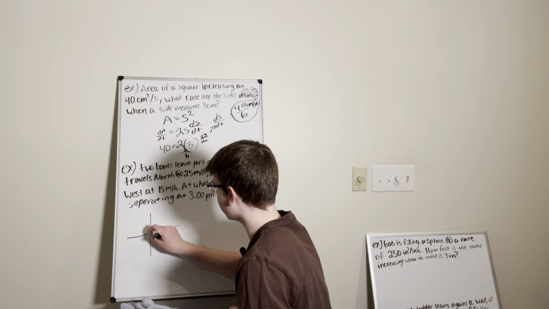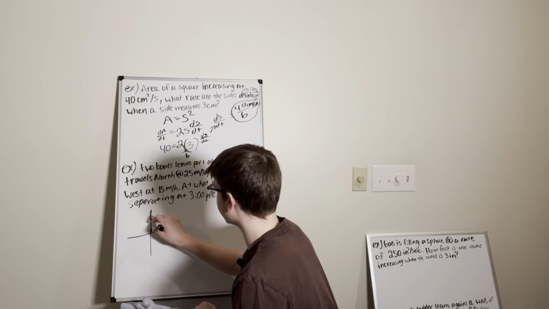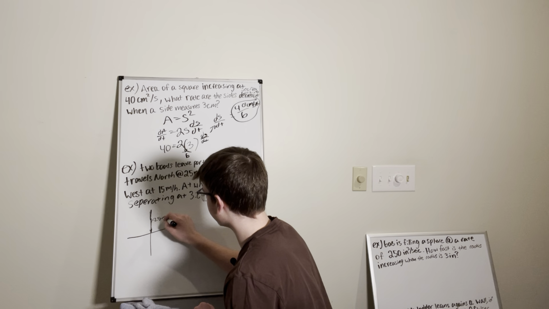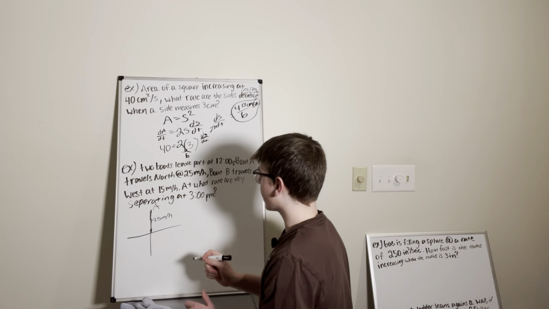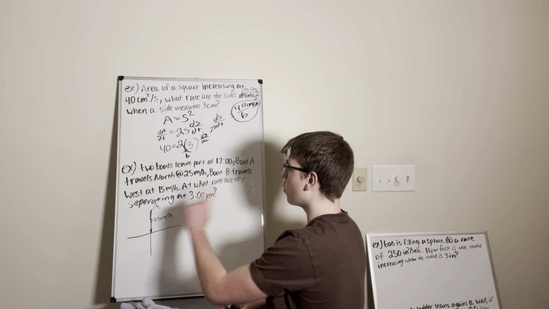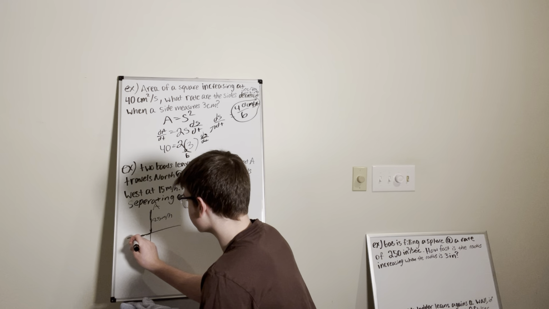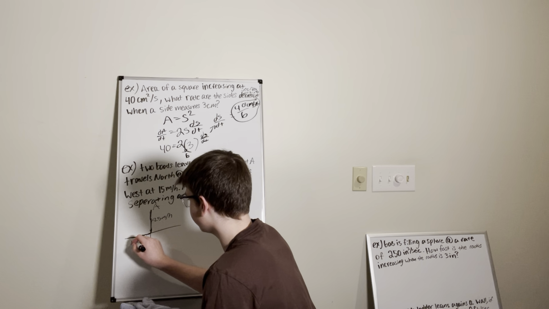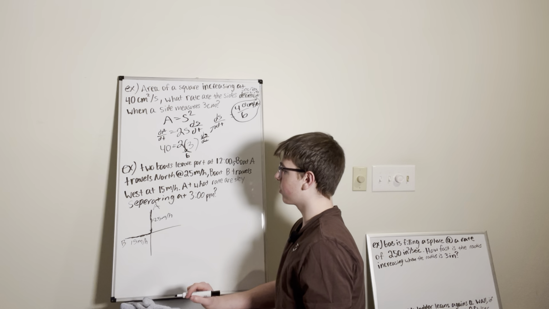So this up here is north, and it's 25 miles an hour, and that is boat A. Now boat B is traveling west at 15 miles an hour. So this is boat B, and it's going at 15 miles an hour.